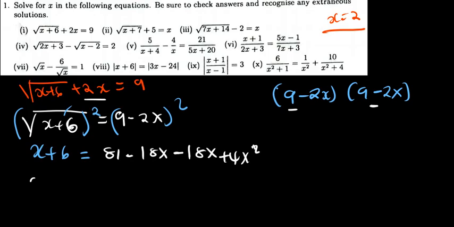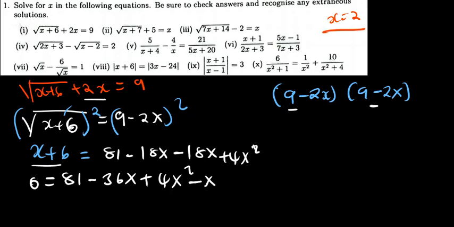So I have 0 is equal to 81 minus 36x, adding negative 18x and negative 18x, plus 4x squared, minus x, shifting it to the other side, minus 6. Now 81 minus 6 gives positive 75.